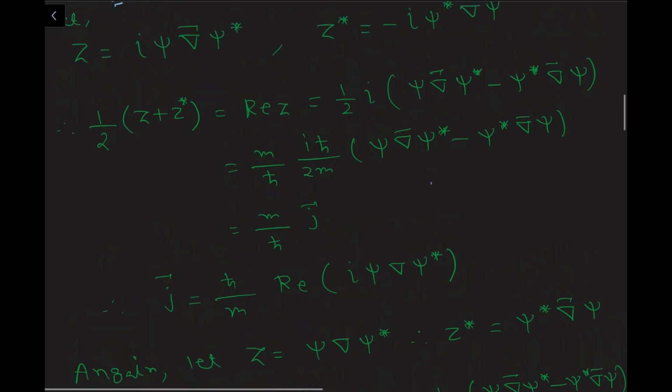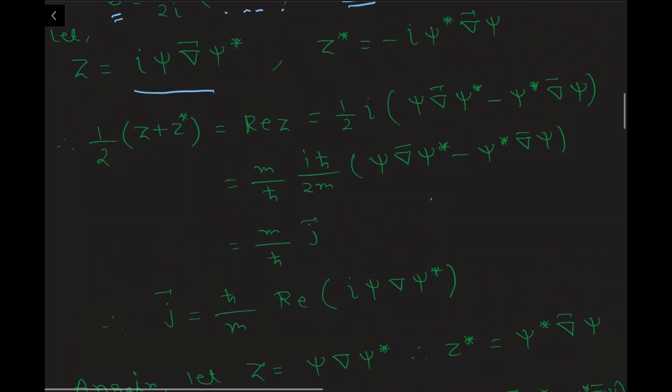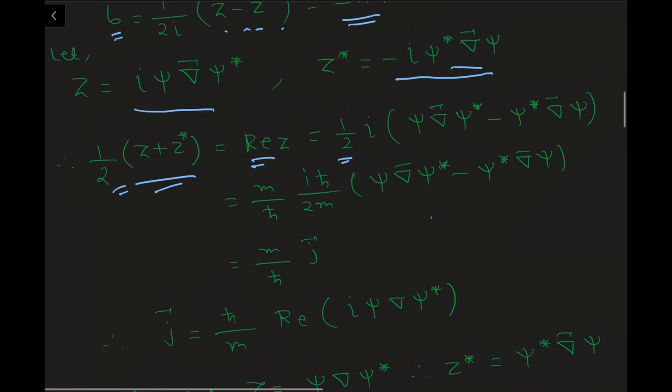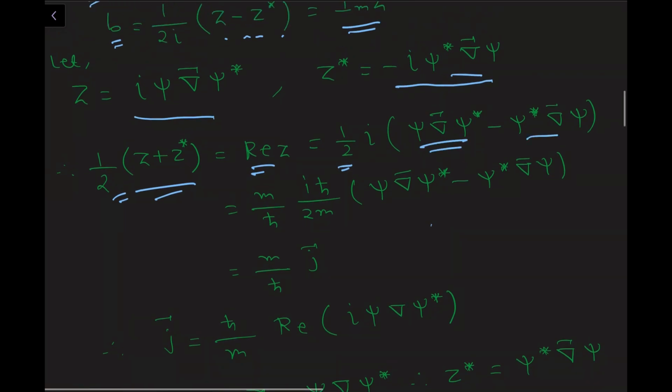First, let our complex number z be i psi del psi star, then z star will be minus i psi star del psi. Now the real part of z is half of z plus z star, so we put the value of z and z star here, and take i common.